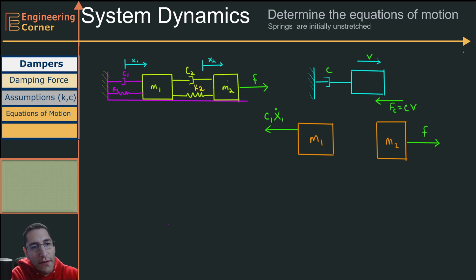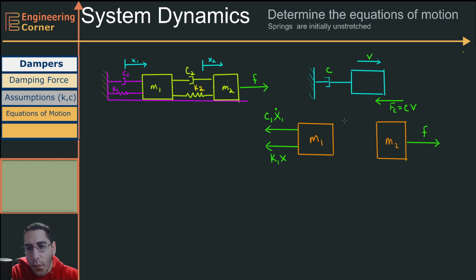And this spring right here, if we're stretching the spring, it is going to want to have a restoring force, and it's going to try to get the spring back to its natural, unstretched position, and that force is going to be K1 x1. So those don't change, and those make it very easy.